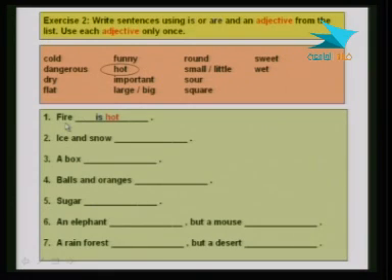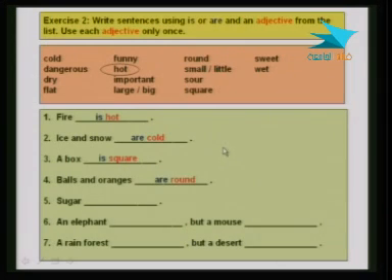The subject is singular, so we say fire is hot. Number two, ice and snow. Are they hot or cold? Of course, cold. So ice and snow are cold. A box is square.